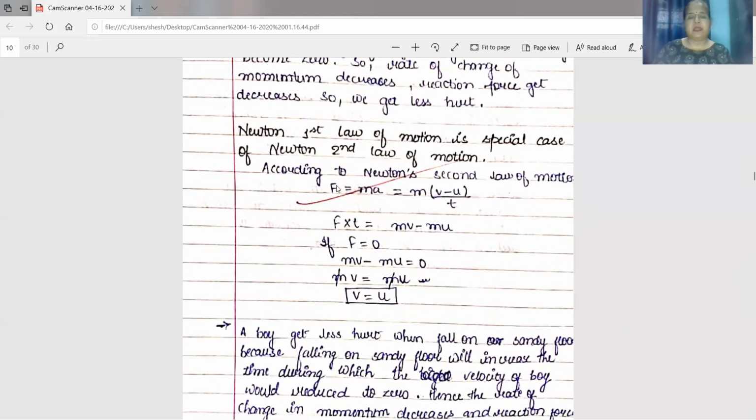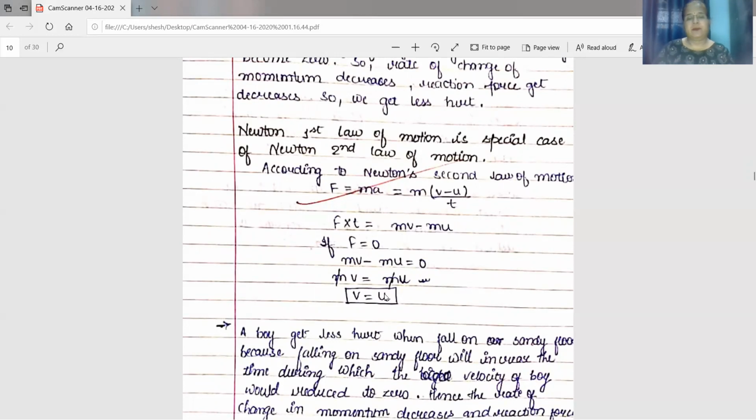Now cross multiply: F into t equals mv minus mu. If force equals 0, it means no external unbalanced force is applied on the system. In that case, F will be 0, so F into t will be 0. Or mv minus mu equals 0, or mv equals mu. m will cancel on both sides, so we get v equals u.